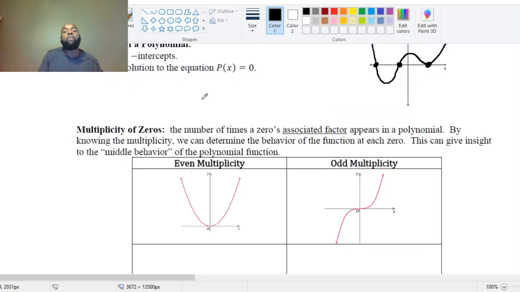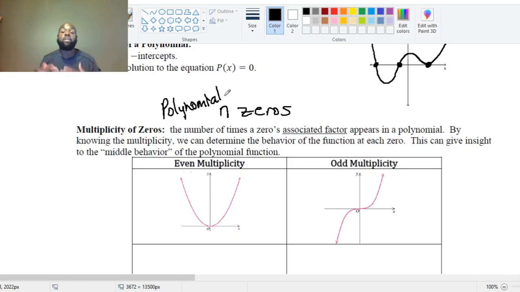All right, so whenever we solve polynomial equations, we know that we should get n zeros. Our fundamental theorem of algebra told us that we should get at least 1 zero, though that zero is not necessarily in the real number system.